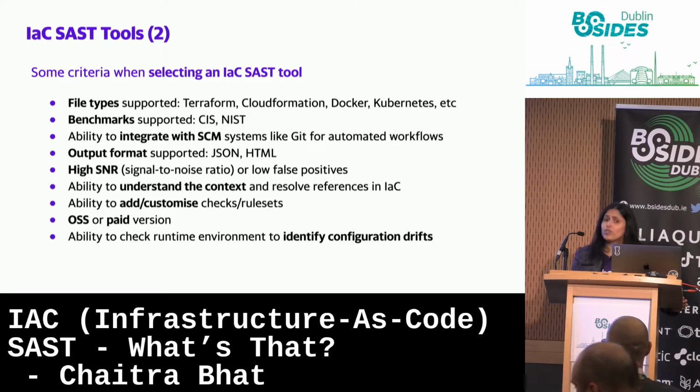And you do not want to run these tools manually. That's not scalable at all. So the tool should have the ability to integrate with your source control management systems like GitLab or GitHub.